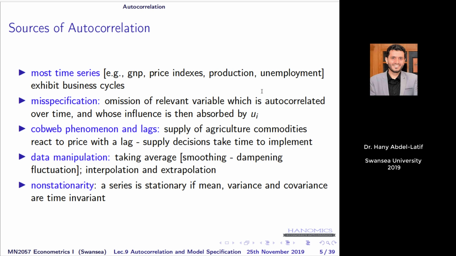But in general, a stationary series means that its features like variance, mean, and covariance are constant over time. If not, that means the series is not stationary, and that might cause this sort of autocorrelation again. So the takeaway message from this slide is that there are so many reasons why autocorrelation can happen.